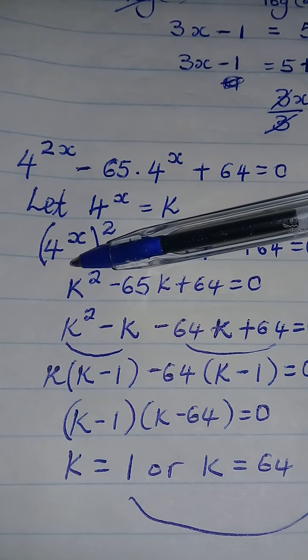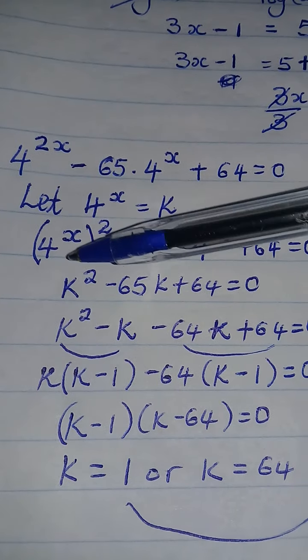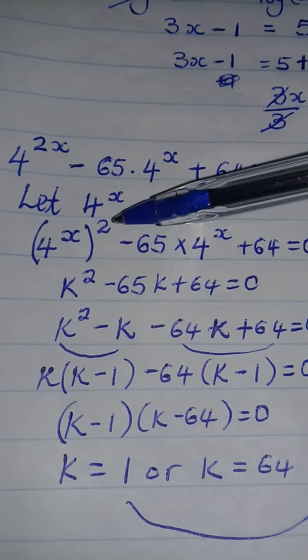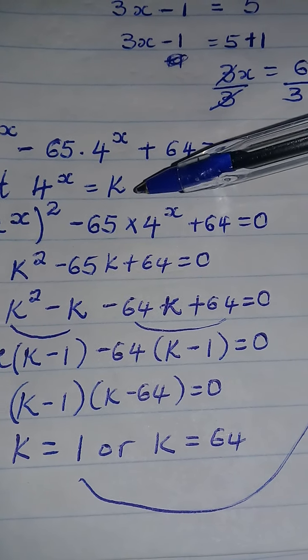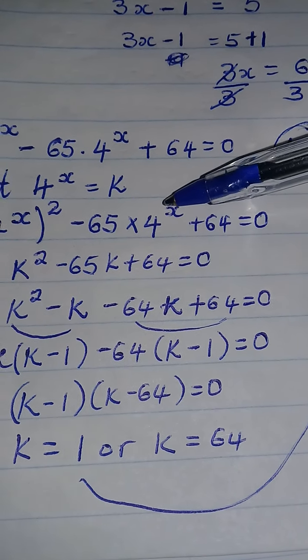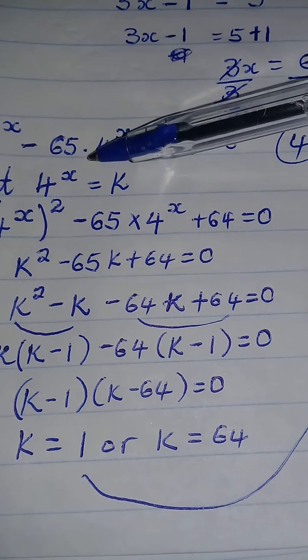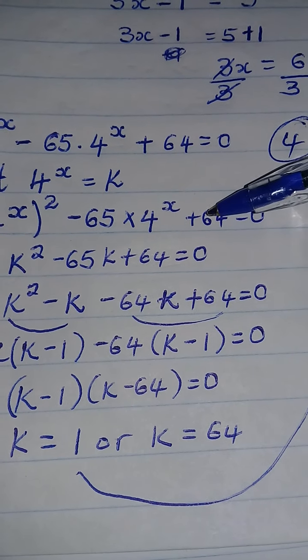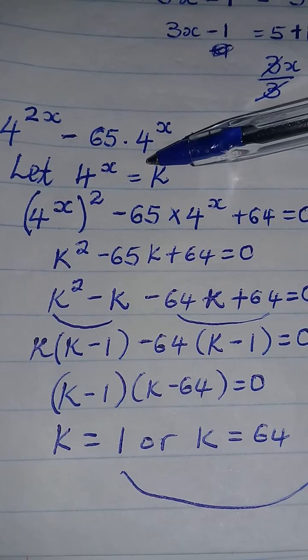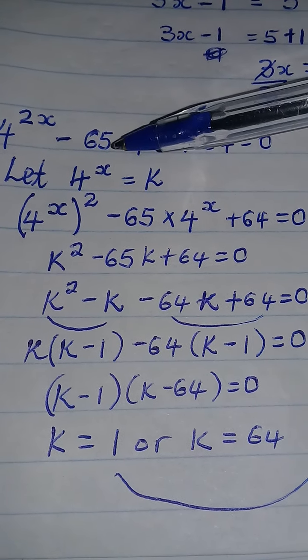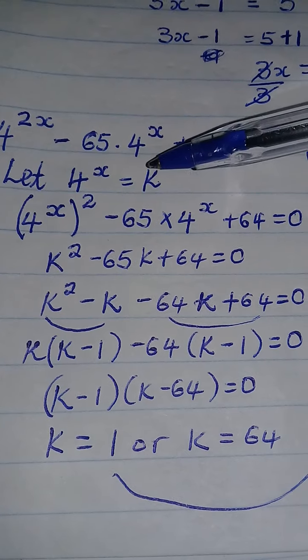Now inside the brackets you have 4 to the power x, close brackets to the power 2, minus 65 times 4 to the power x, which is this one, plus 64, which is equal to 0. Then remember you made a condition here which says 4 to the power x is equal to k.